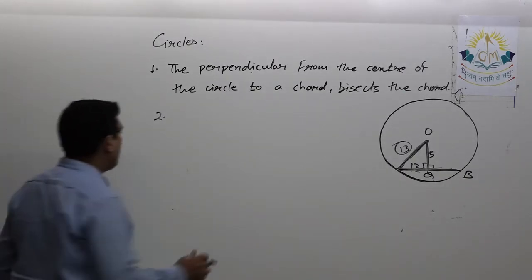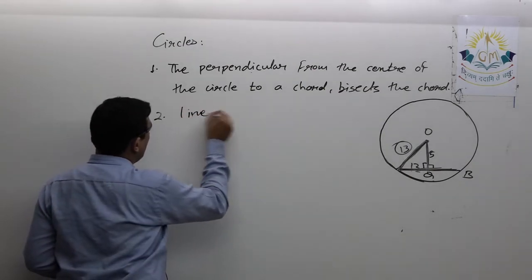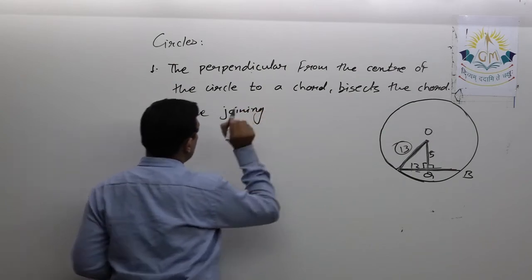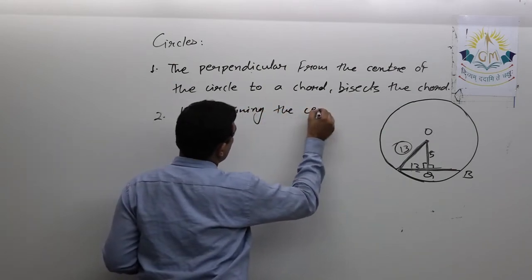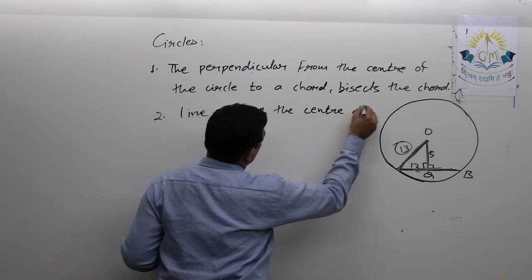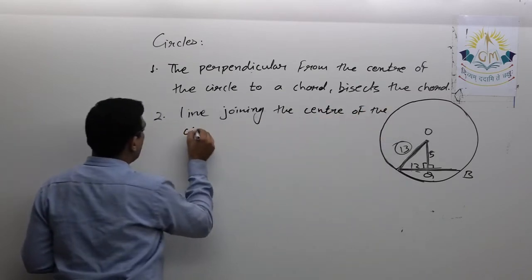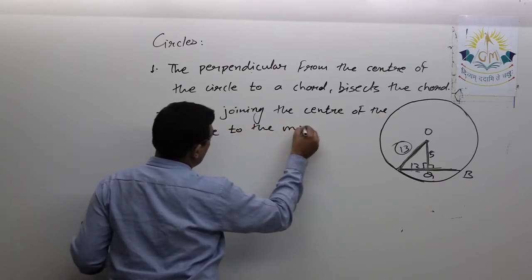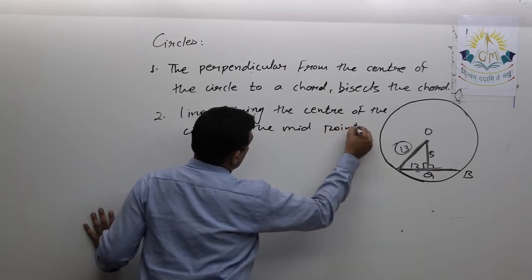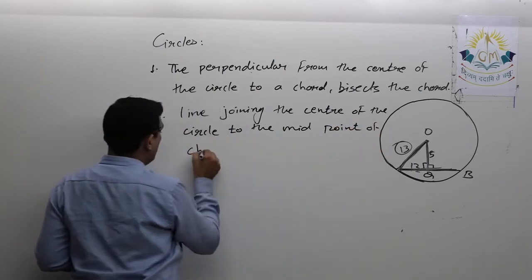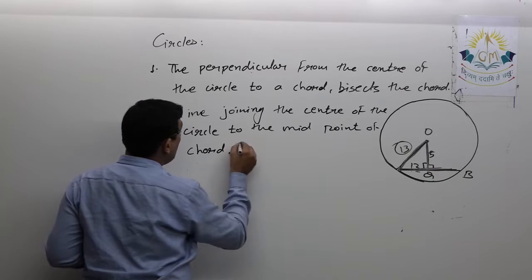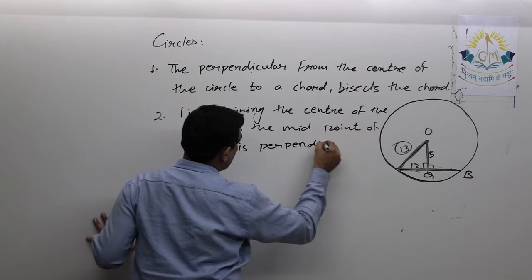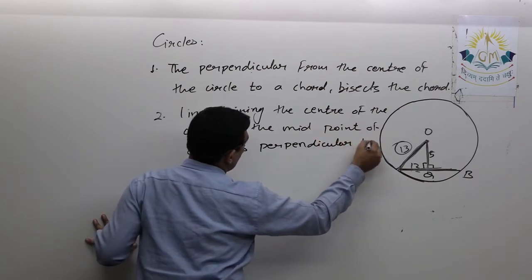The line joining the center of the circle to the midpoint of a chord is perpendicular to the chord.